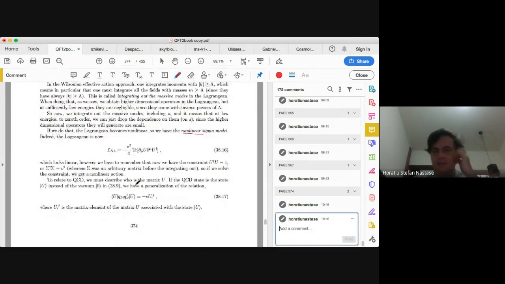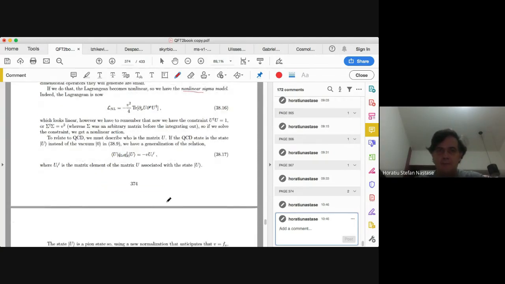So the natural generalization, which also by dimensional reasons contains the VEV V, is that the relation in this state is: the expectation of Q bar left I, Q right J is minus V times the matrix itself, U IJ.